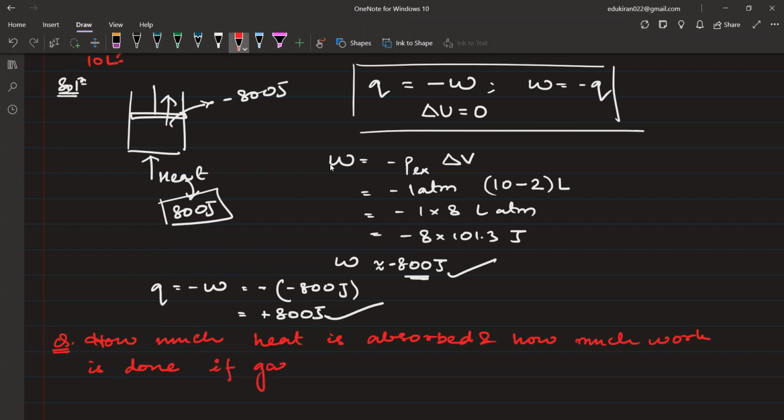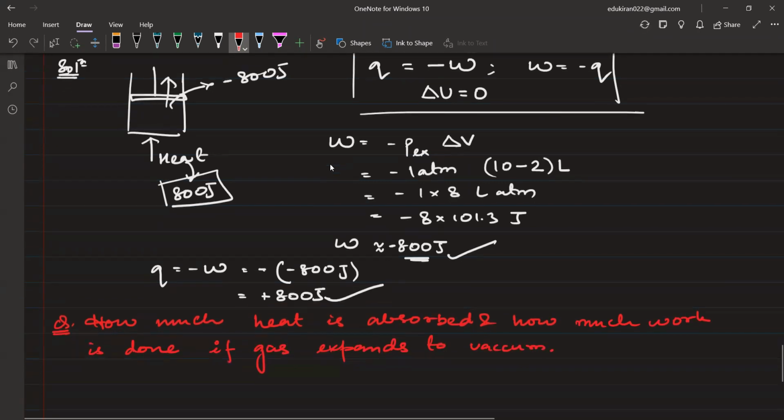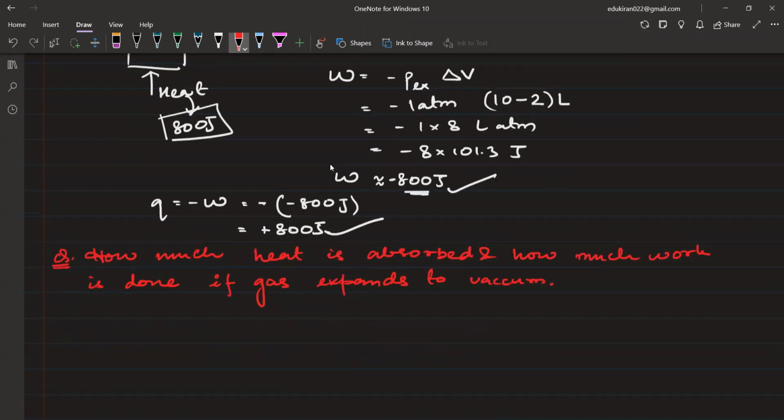If gas expands to vacuum, in this case the gas is expanding into vacuum. Now the important thing about this question is this word vacuum. Please write here, in vacuum P external is equal to 0.